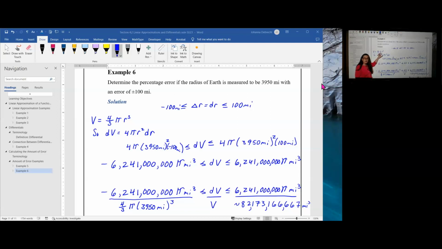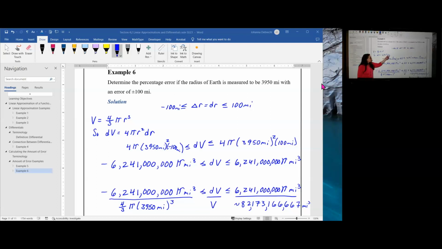We know that the formula for the volume of a sphere is 4/3 pi r cubed. Using the differential formula, we know that dV is equal to the derivative times the dr differential.